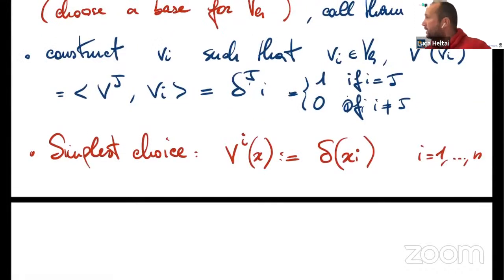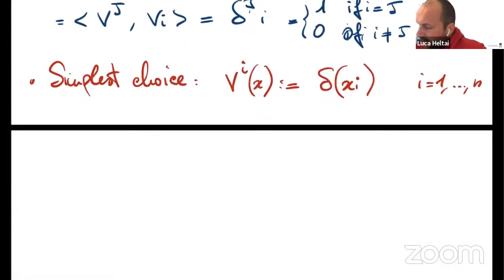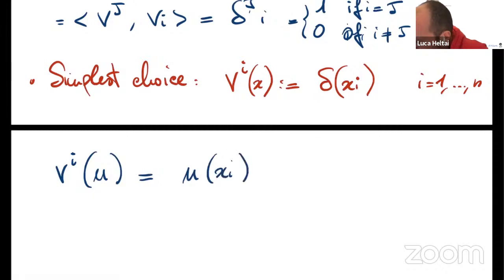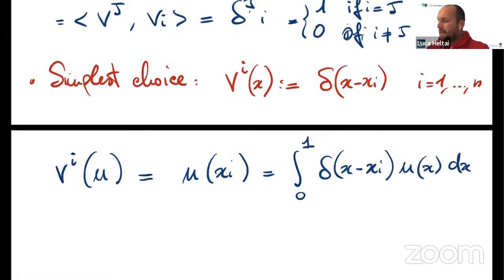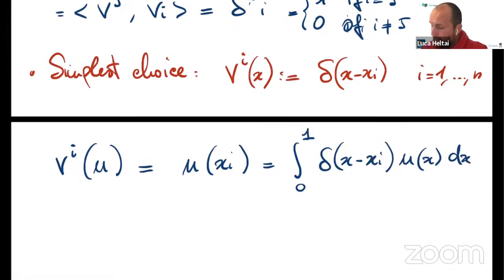And now, let's try to understand what this is saying. If I take V^i of a function u, this gives me u evaluated on x_i, which is equal to the integral between 0 and 1 of the Dirac delta of x minus x_i, tested against u(x) dx, and this by definition is u evaluated on x_i.